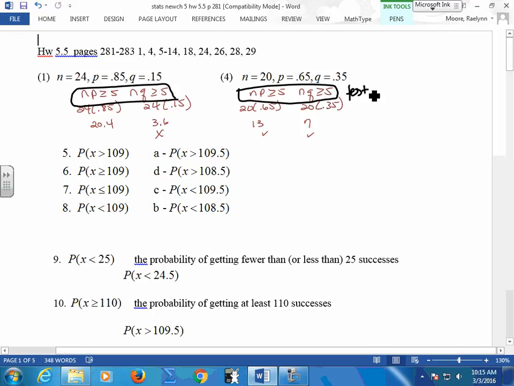So if it passes the test, then we can say the mean is n times p, which you already did here. And then you can say the standard deviation is the square root of n times p times q. So you would take your n times p and multiply it by your q, and then take the square root of it, if you pass the test.